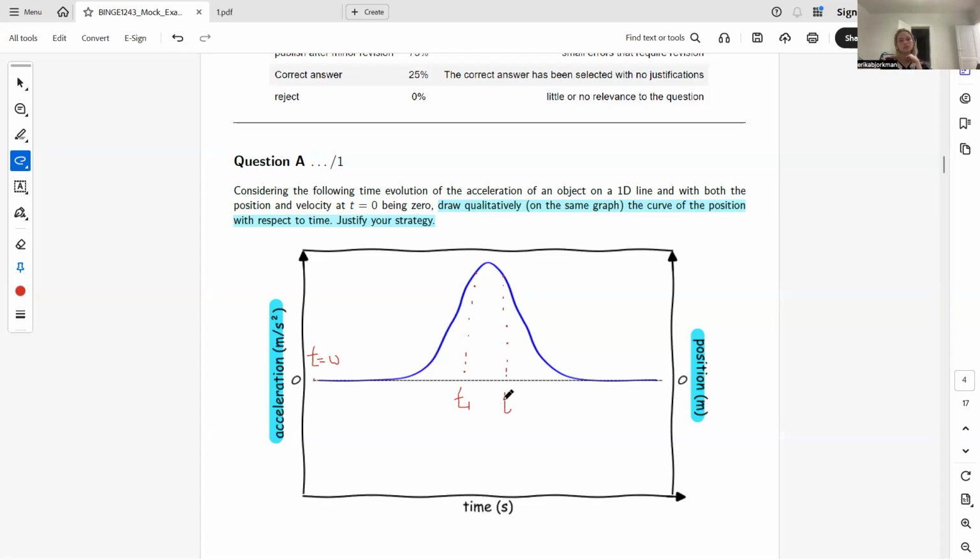It will be easy for me to explain each point according to time. To this point, I am considering it t3. So from t equal to 0 to t1, during this time.